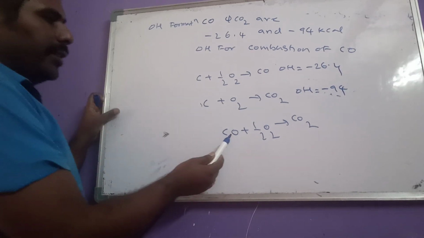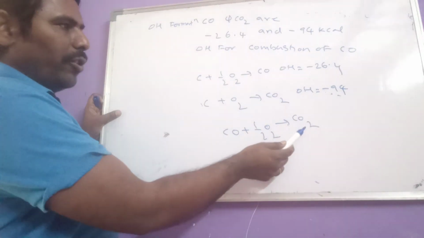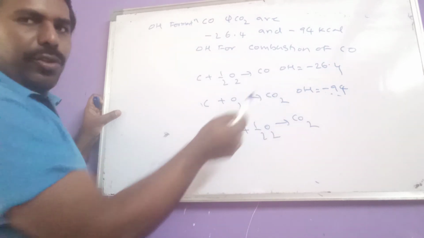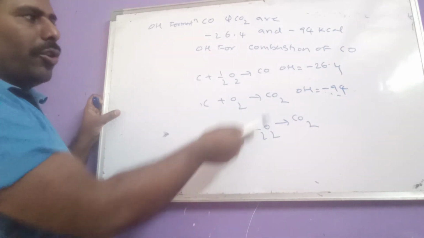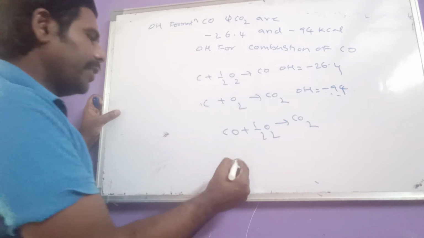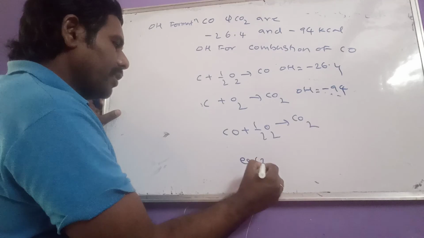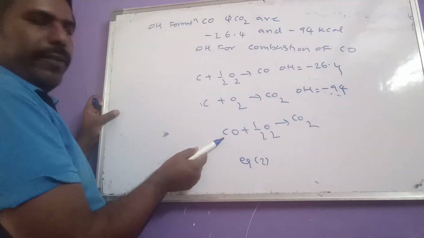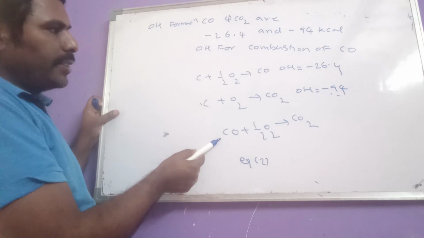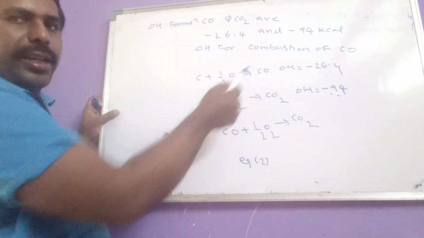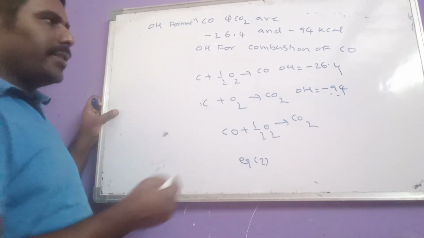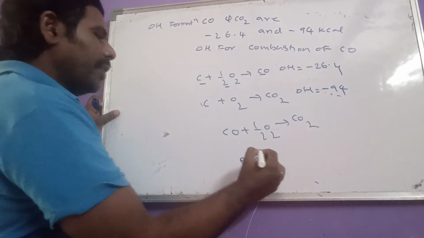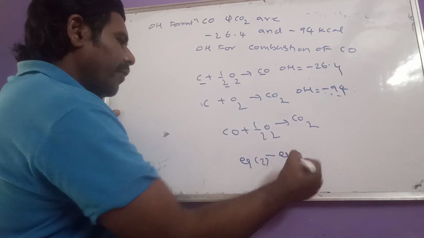In the required equation, CO2 is on the right-hand side, and in the second equation also CO2 is on the right-hand side, so no need to subtract the second equation; we write it as it is. Now CO: in the required equation it is on the left-hand side, but in the given equation it is on the right-hand side, so we need to subtract equation 1, that is minus of equation 1.